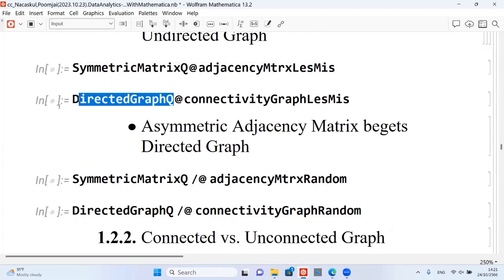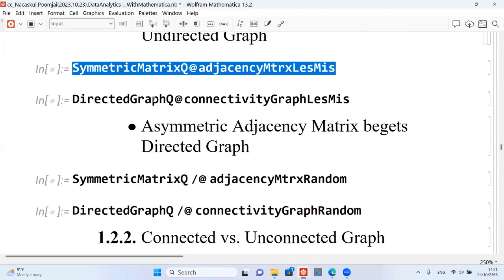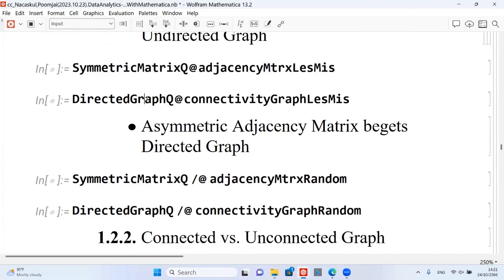Okay, so all these things, right? Directed graph Q, symmetric matrix Q, and all that. Notice directed, undirected is a property of the graph. Symmetric or not symmetric is a property of the matrix. In Mathematica, even though I type the matrix, that data is a matrix, because it knows that this data is a graph example. It shows you as a graph, but technically it's just a matrix.